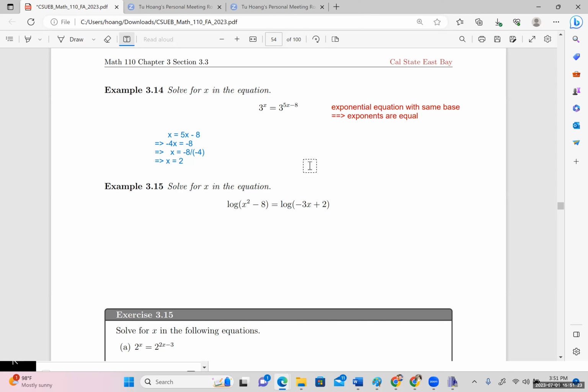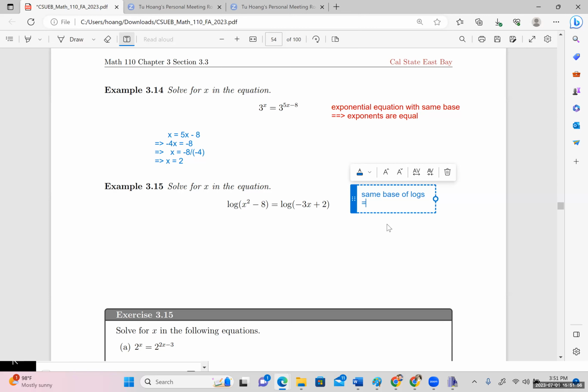Okay, sometimes instead of giving you an exponential equation, I'm giving you a log equation. So right now look at the log equation. Both sides have log, and you can see that we have the same base of log.